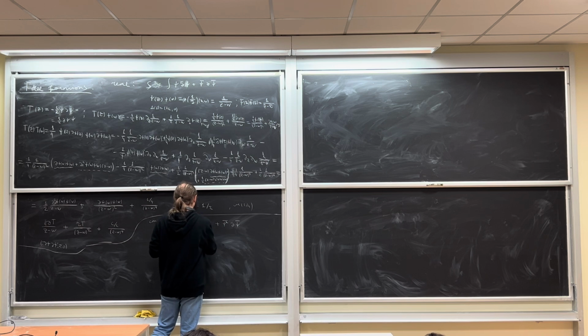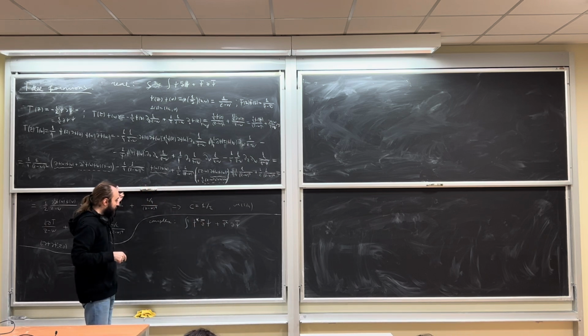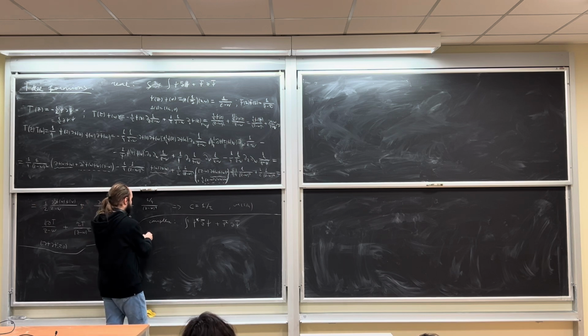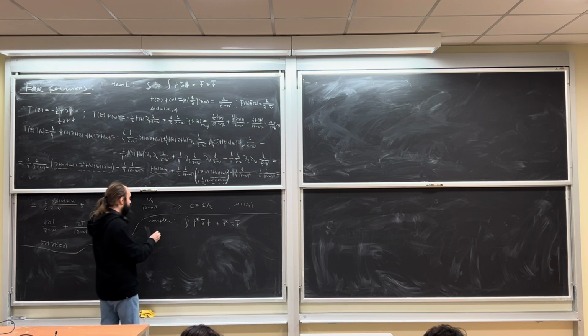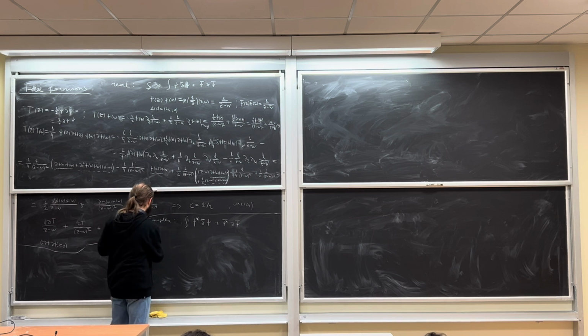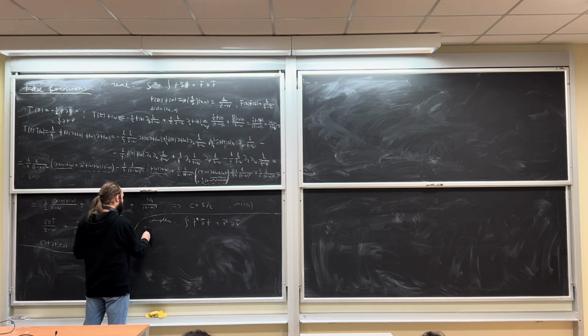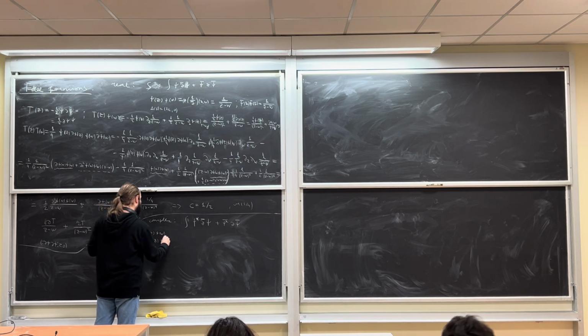So what do you think are the OPEs of these fermions now? Like, what is the OPE of psi of z with psi of w, and psi star of z with psi of w?